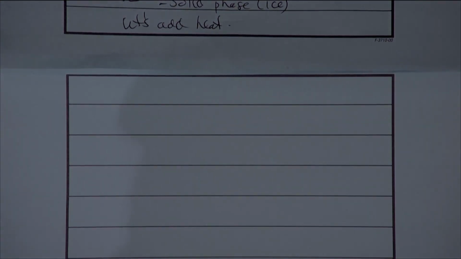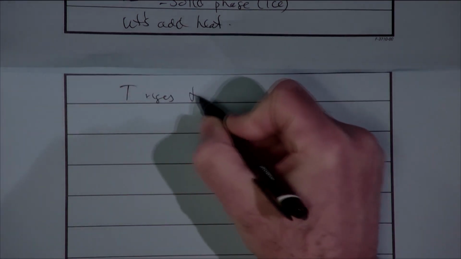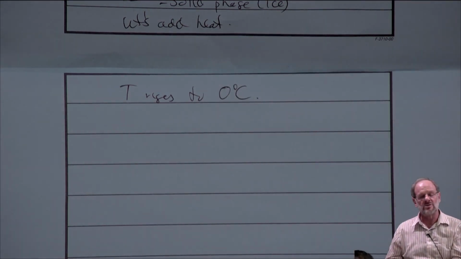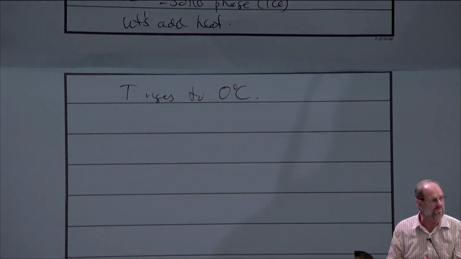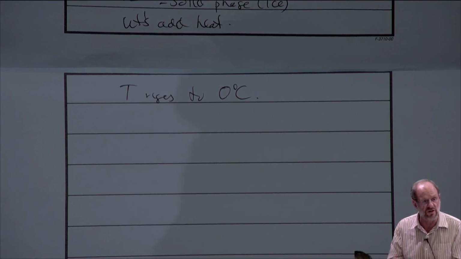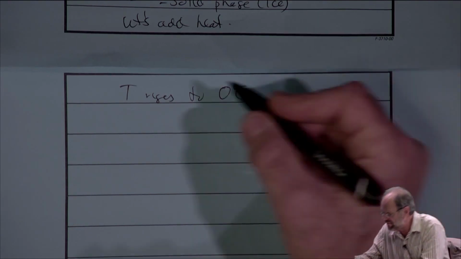But it's not going to melt immediately. First, as we add heat, the temperature rises until it finally gets to 0 degrees Celsius, right? And it's only after the temperature gets to 0 degrees Celsius that the melting process begins, okay? In other words, the phase change begins. We're going to begin to go from a solid to a liquid, okay?